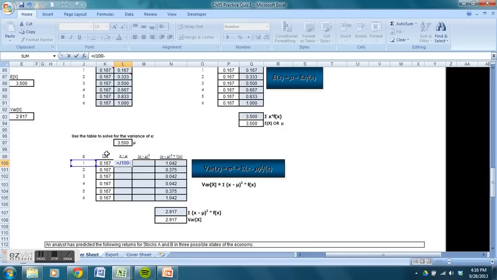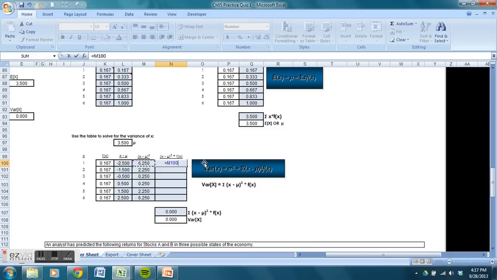X minus mu, where mu is the sample mean, and then this guy is x minus mu squared. So just take that and square it, and then we can bring those down. And now let's find this the alternative way.